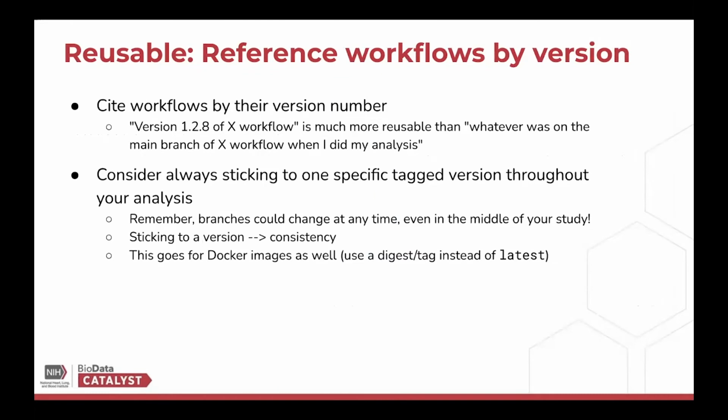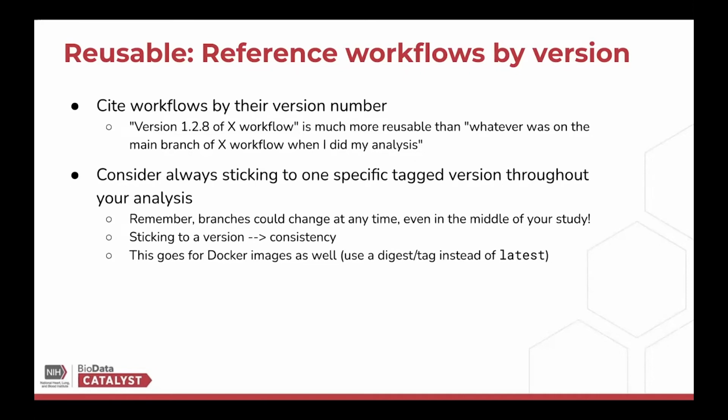Now, what we were previously talking about was more focused around developers, but as a user, you can still help with the FAIR principles by citing workflows that you are using by their version number. And also consider sticking to one specific tagged version throughout your analysis. You could always pull in a certain tool on the main branch and use that for your analysis.